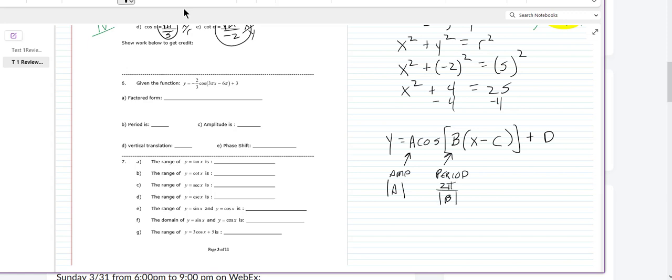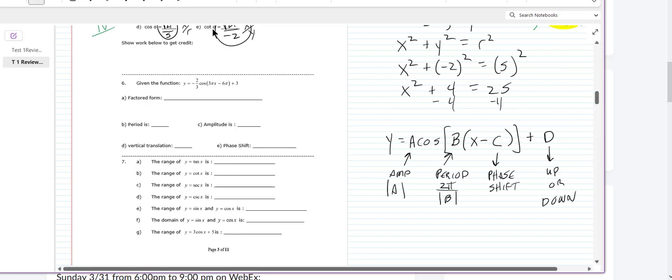Again, I don't give you that formula. You need to know that formula. The c, if you're in a factored form, is called the phase shift. And then this thing right here just means that you're either going up or going down. It's like moving the graph up d units or down d units.